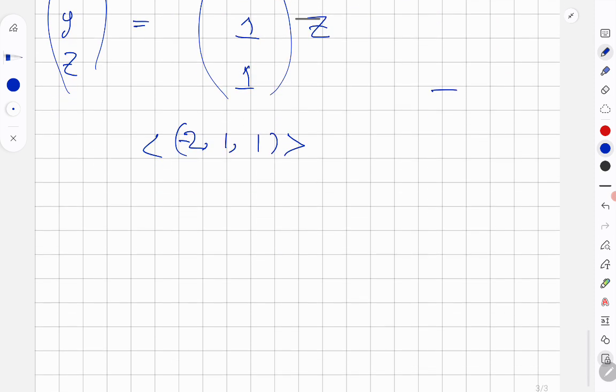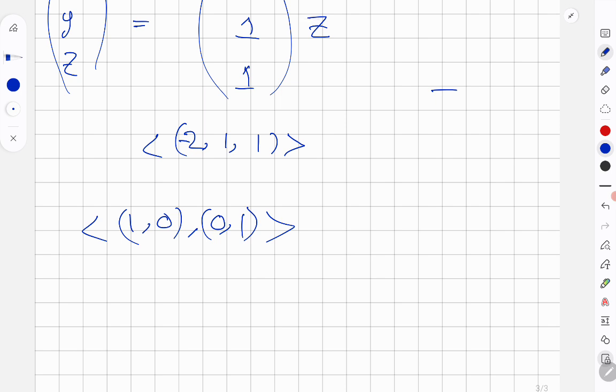For example, if I'm writing 1 comma 0 or 0 comma 1 in this bracket, what does the bracket mean? Why am I not writing it like this? Why am I using this one? What's the difference between these things?